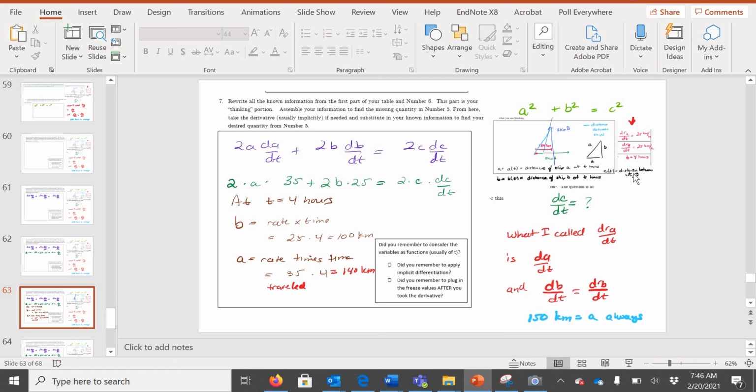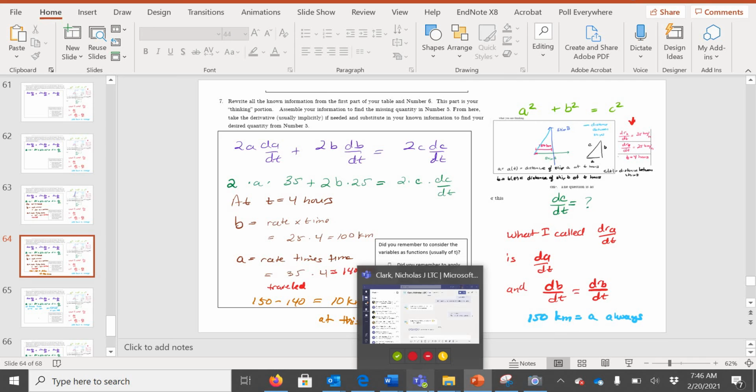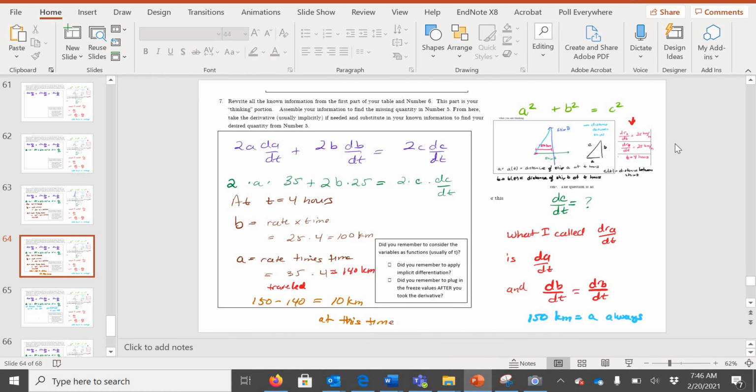So the distance that has been run already is 140 kilometers. I have to take 150 and subtract 140, because that's the distance I've covered, to get that gray distance. So 150 is my total distance at time 0. By 4 hours, I've covered already 140. Maybe the better picture would have been to see distance covered.